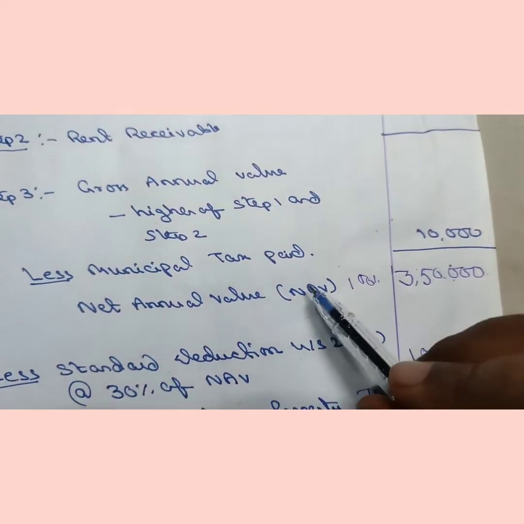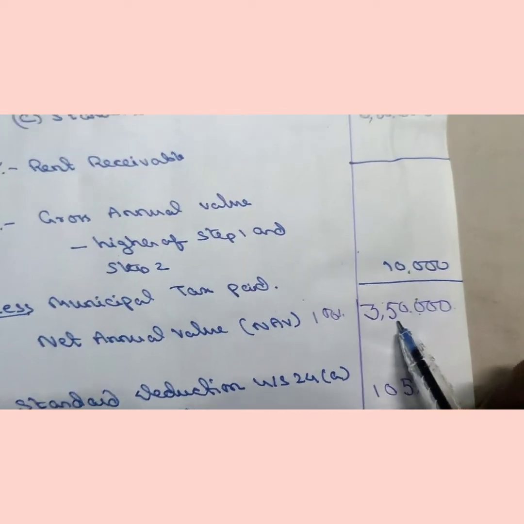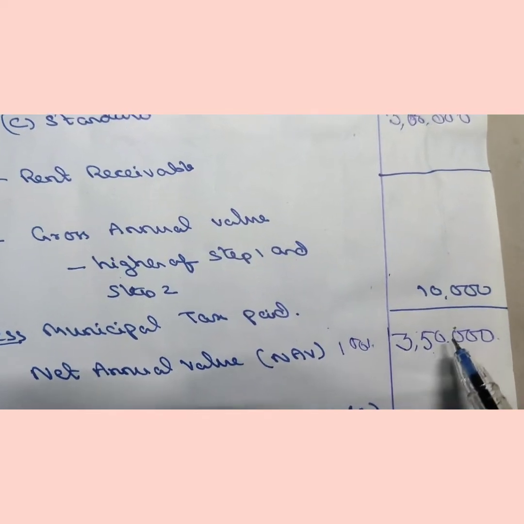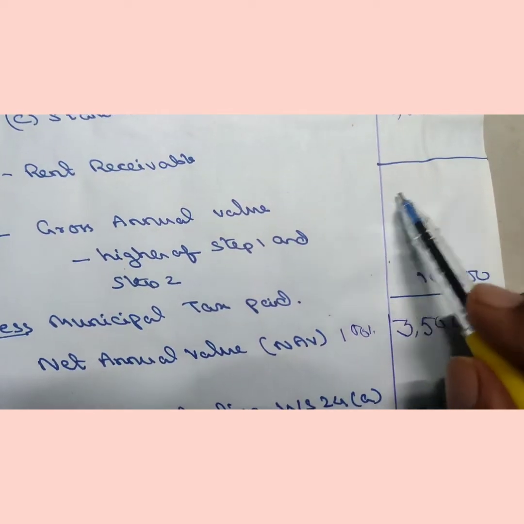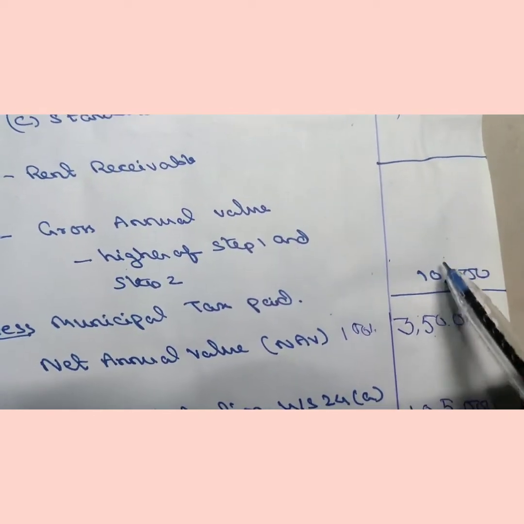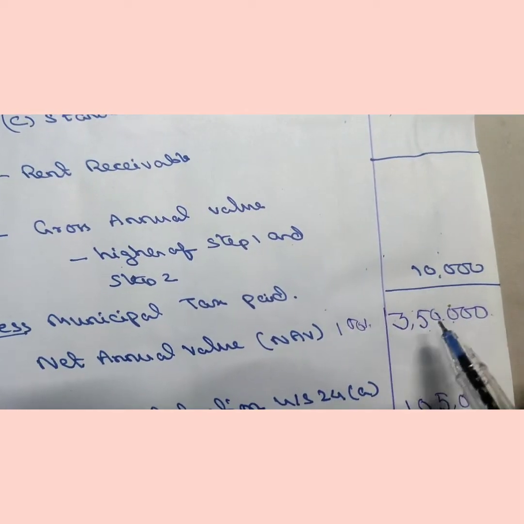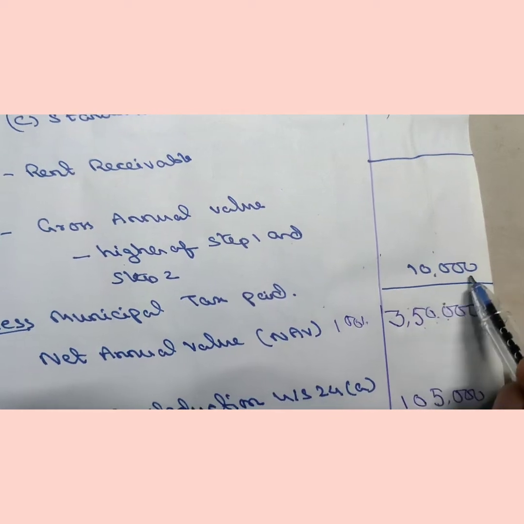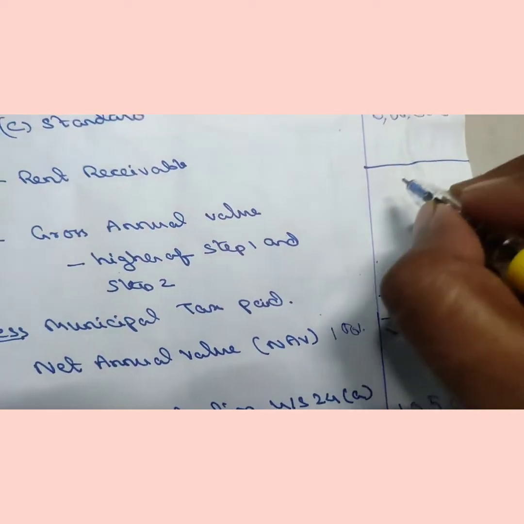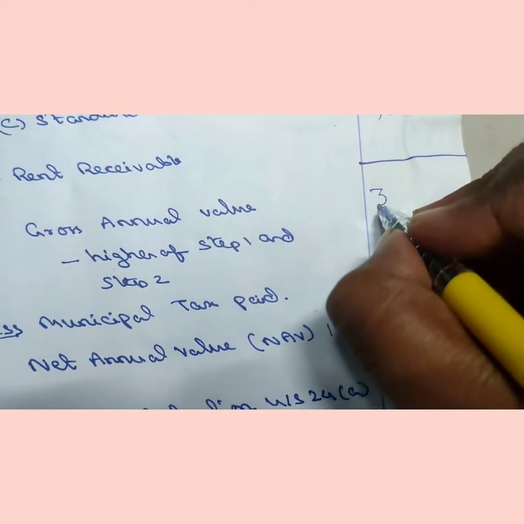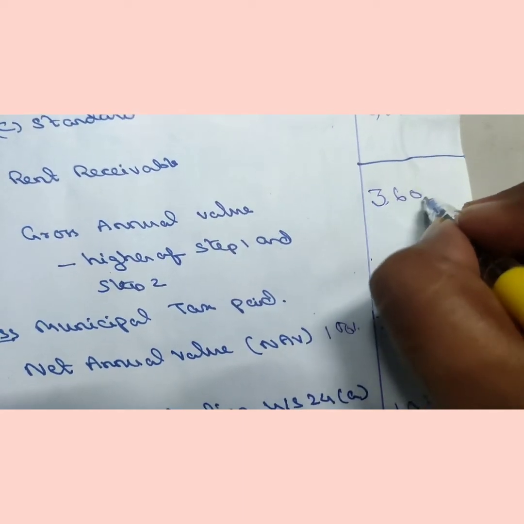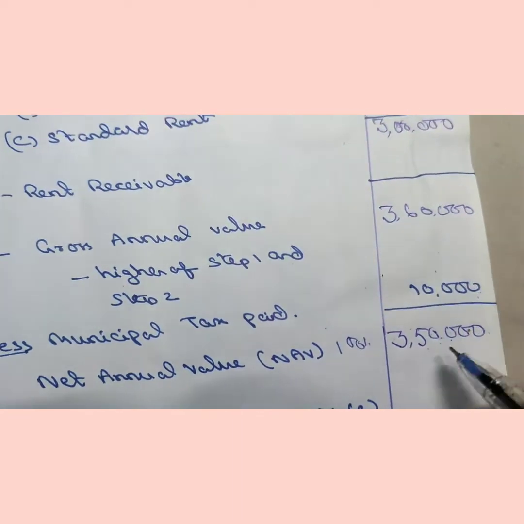Okay. Now we already got the net annual value 3,50,000. Now we have to go to the gross annual value. What will be the gross annual value? Gross annual value will be the sum total of net annual value and municipal tax paid. That means gross annual value is 3,60,000. How did we get this?